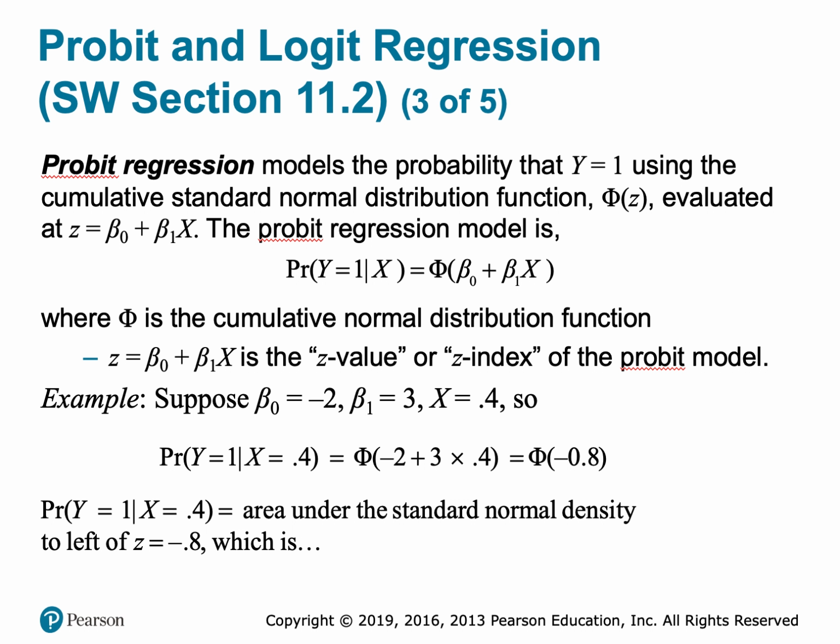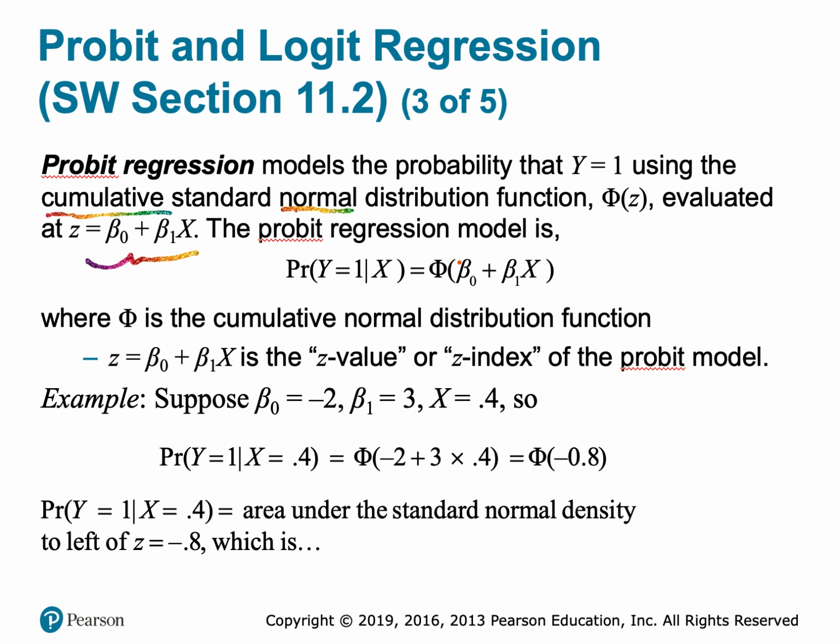The probit regression model will model the probability that y equals 1 using the cumulative standard normal distribution function. Two important words: cumulative and normal. It's the cumulative standard normal distribution function. This is the z table. We're familiar with the z table, right? And the z is equal to beta naught plus beta 1 times x.